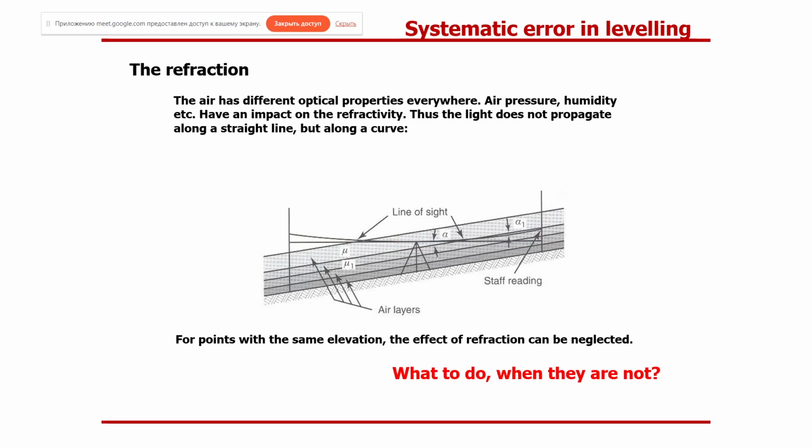Thus, the light does not propagate along a straight line, but along a curve. You can see in the picture air layers of different temperature.